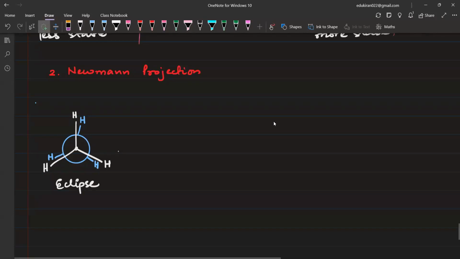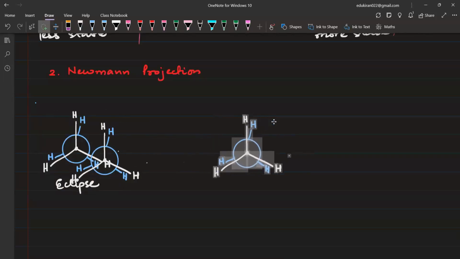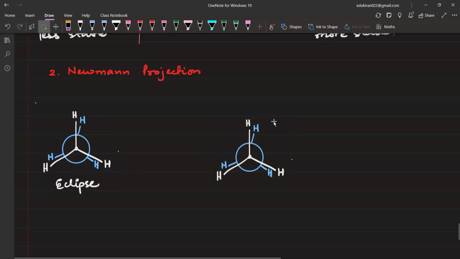For staggered, keep the first carbon atom's hydrogens as it is, और जो पीछे वाला कार्बन है, उसके हाइड्रोजन कुछ आप इस तरह से शो कर सकते हैं.